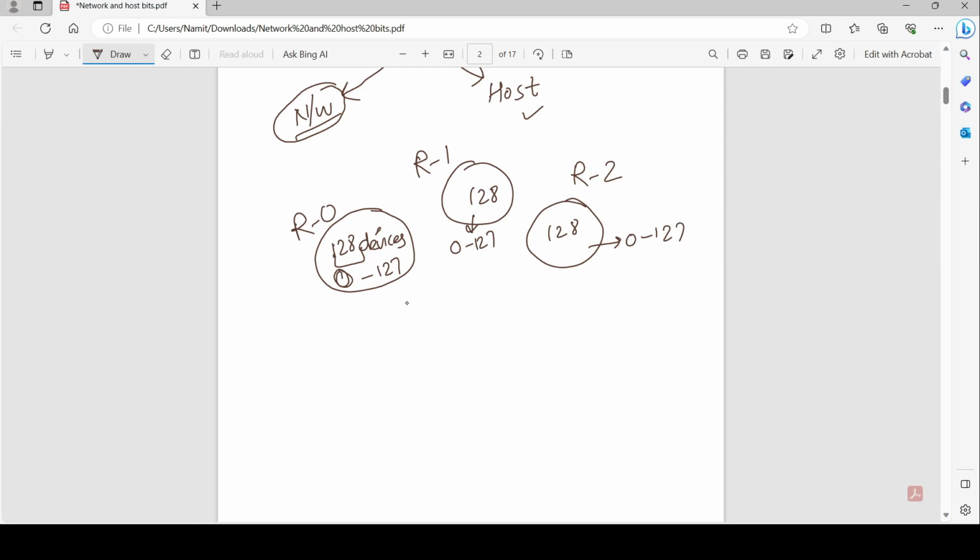Can you notice one thing, that the numbering of devices in all the regions is from 0 to 127, but the only thing that is isolating them from each other is the region, right?